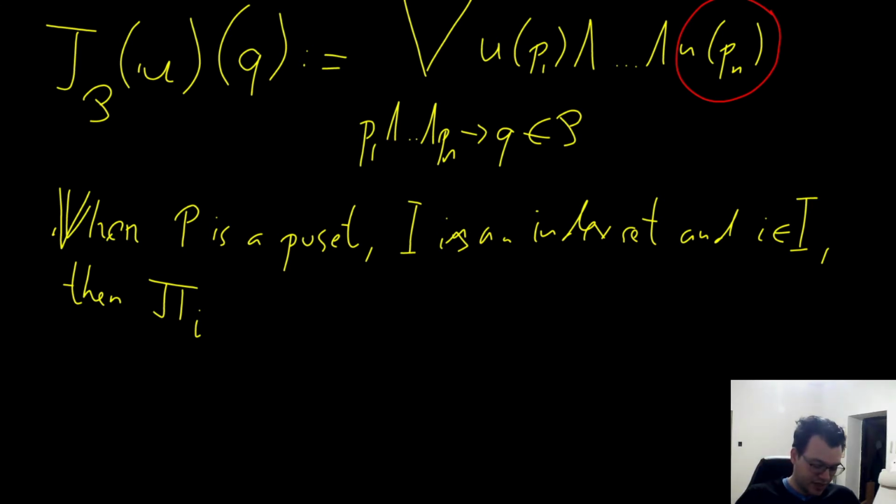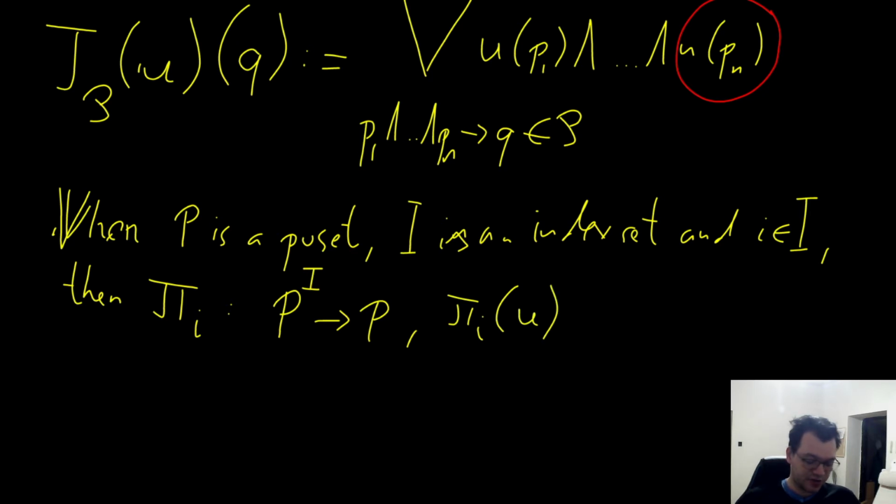So then Pi will get, well, not a vector but a function. That's almost the same for me. So it's P to the I to P, right? So it gets a function and outputs a single value from the P. And how? So Pi, the ith projection of a function or a vector u, should be just the value of u on the ith coordinate.